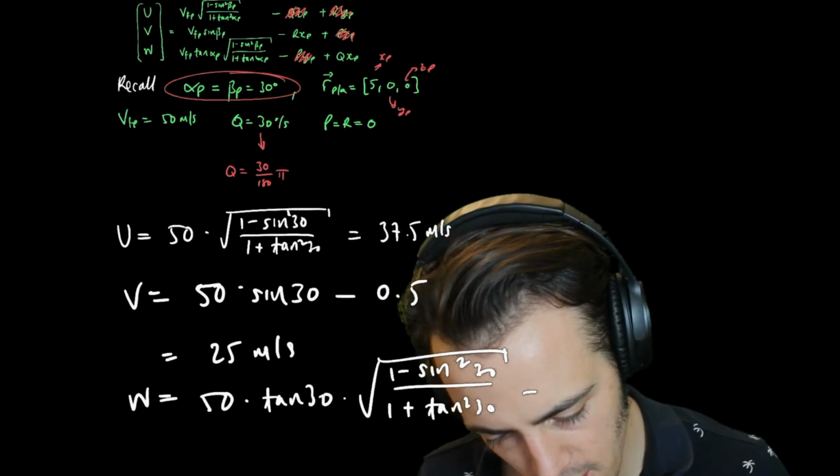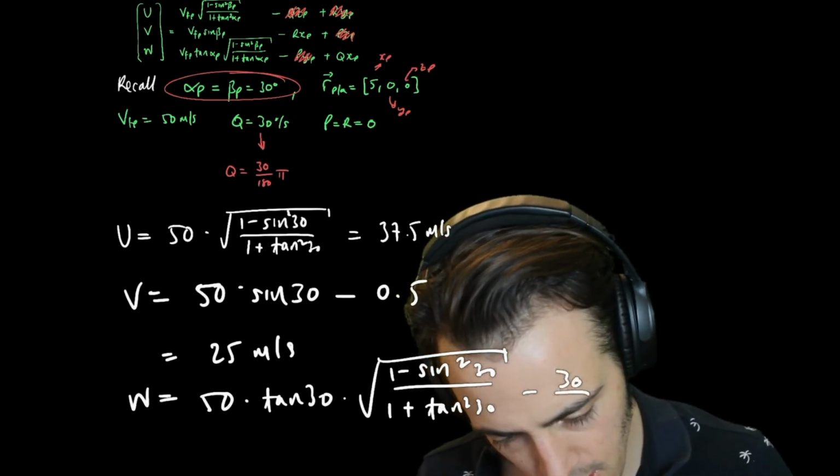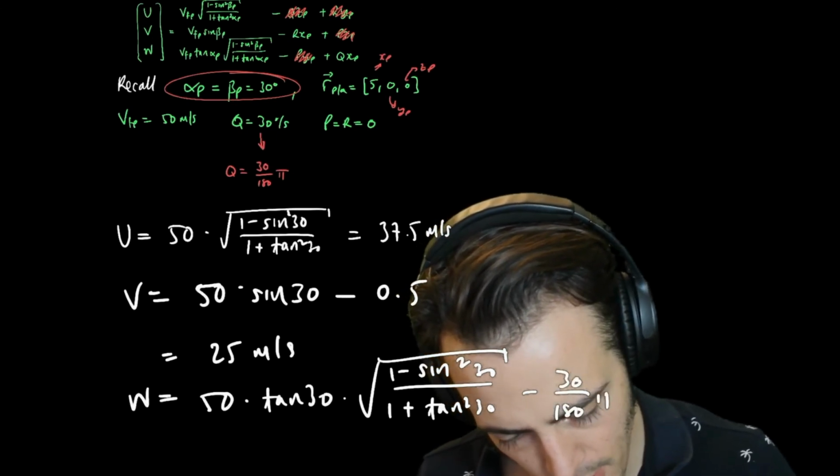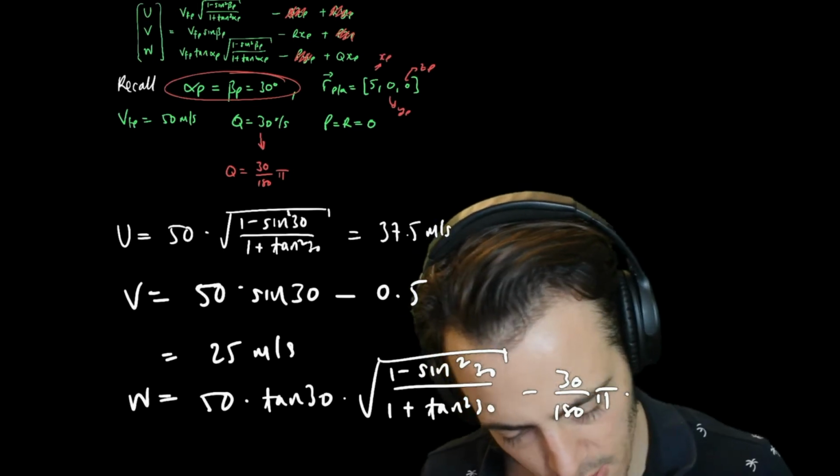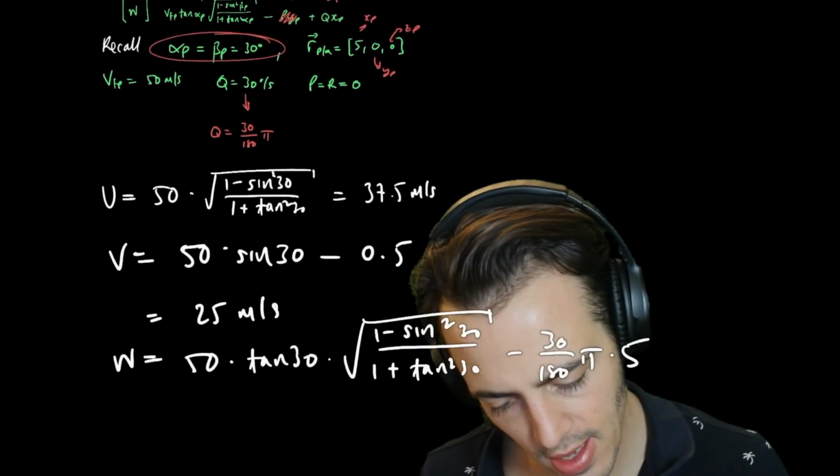So I've got a pitch rate of 30 divided by 180 multiplied by pi multiplied by XP, which is 5 in this case.